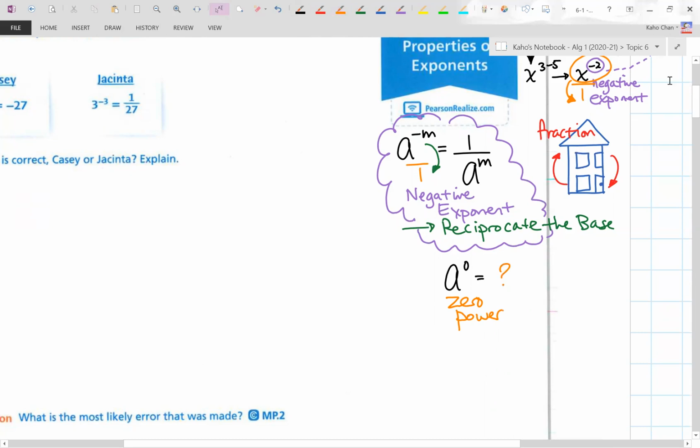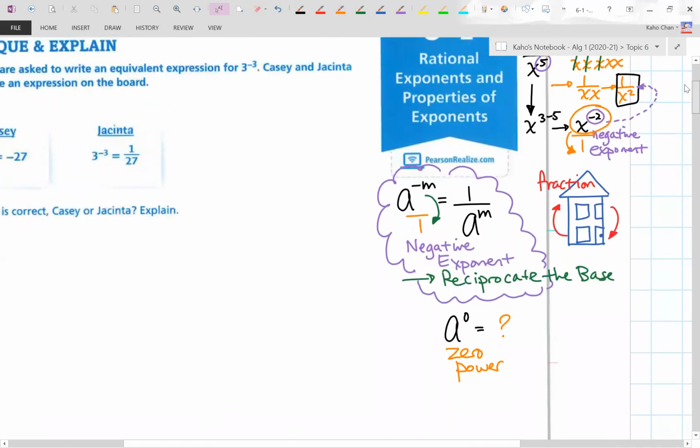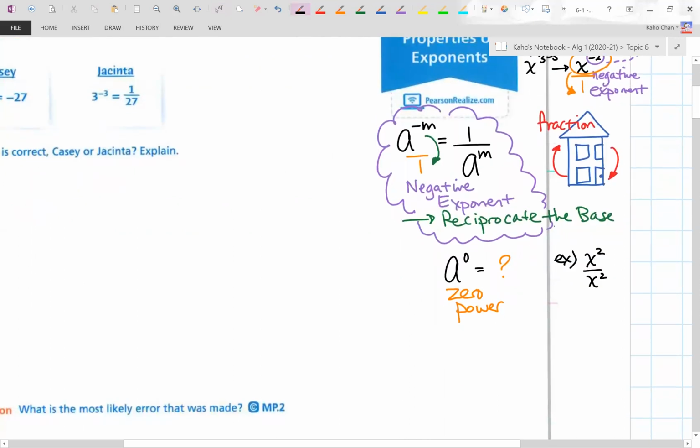Now, a situation like that happens when you get something like this. What if you have x squared over x squared? X squared over x squared literally is division. The rule for division is to subtract the exponents, right? 2 minus 2 is 0.